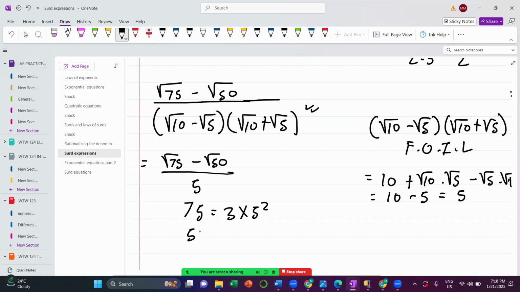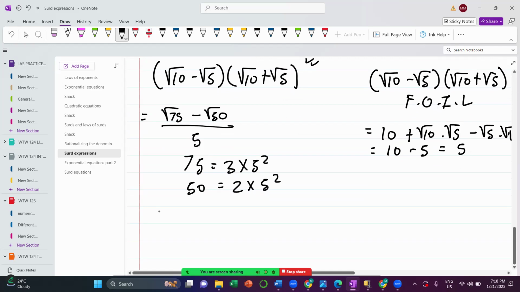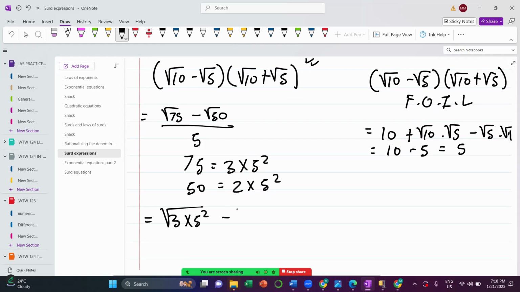And then 50 is just going to be 2 times 5 squared, right? So let's continue. So we're going to have root of 3 multiplied by 5 squared minus root of 2 times 5 squared all over 5, right?